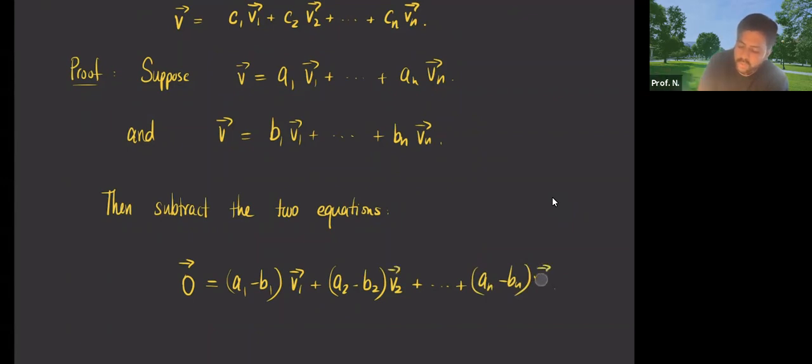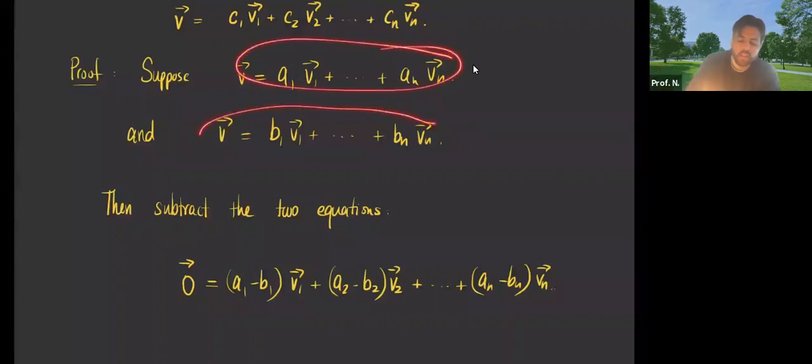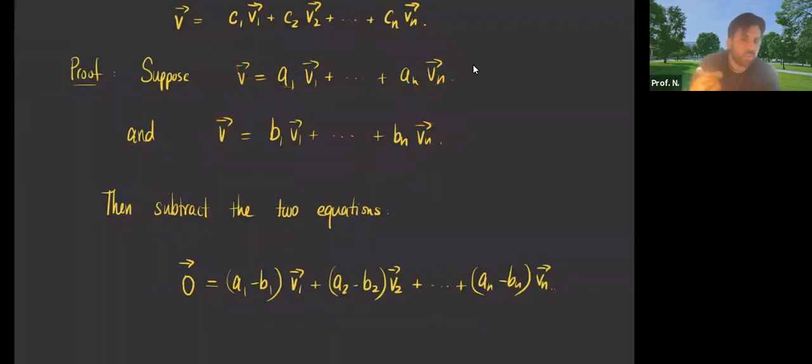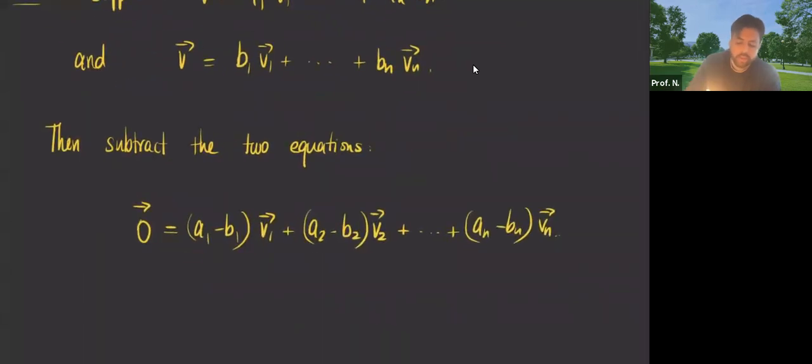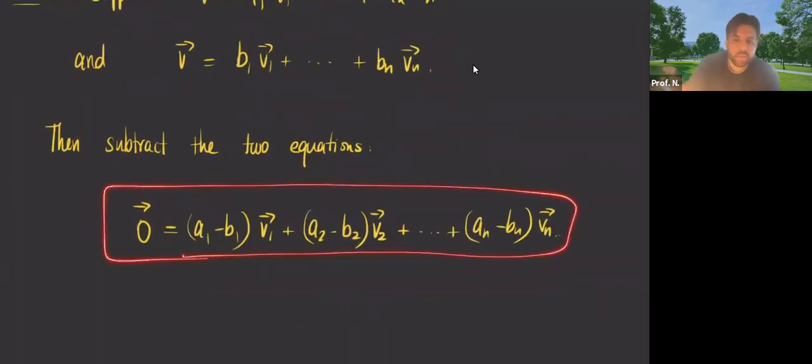Does everybody see what's happening? I am taking two linear combinations of V, supposing that there were two, and subtracting them. And now look what I got. I got this equation here.